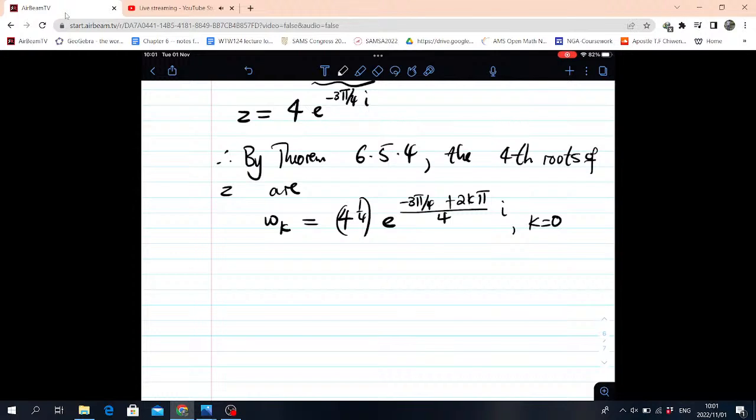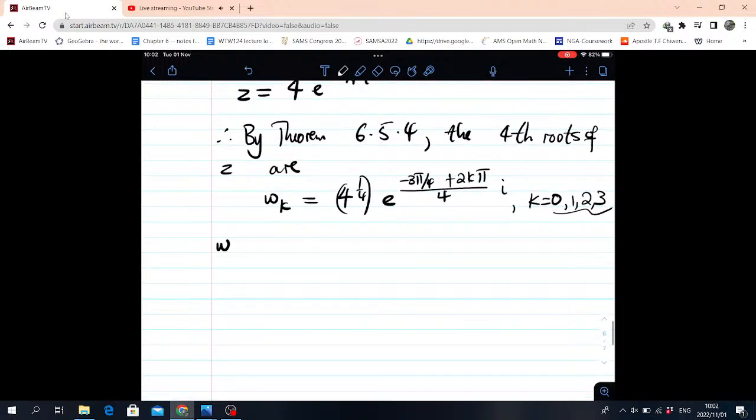In this case, because n is equal to 4, n minus 1 is equal to 3, so we end up at 3. So once we get that, we are able to find our roots, which should be exactly 4, and they should be distinct. So if I say w naught, it's going to be equal to, here if you look at this, this is 2 squared times a quarter to the power of a quarter, which is just 2 to the half, which can be written as the square root of 2, right?